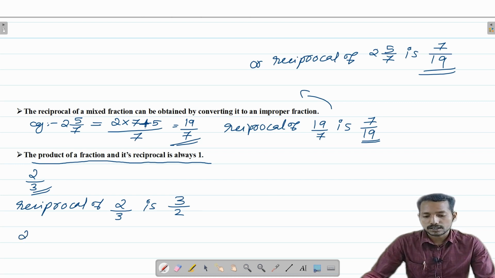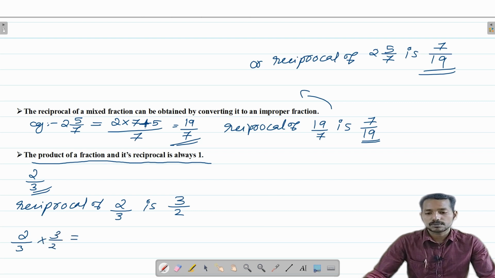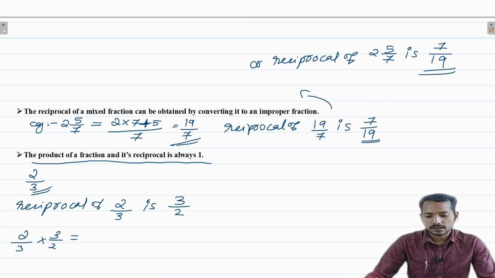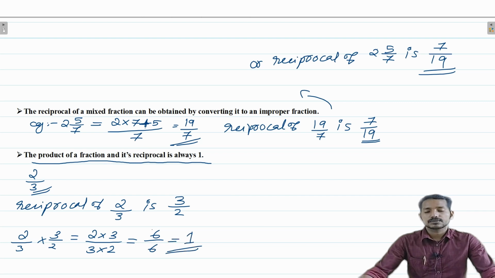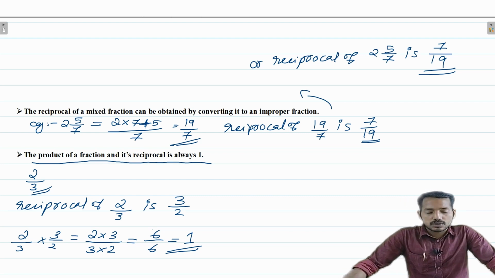Now multiply 2 by 3 with the reciprocal, that is 3 by 2. What will we get? 2 into 3 divided by 3 into 2, which is 2 into 3 is 6, divided by 3 into 2 is 6. 6 divided by 6 is equal to 1. Clear? So this is all about the reciprocal.